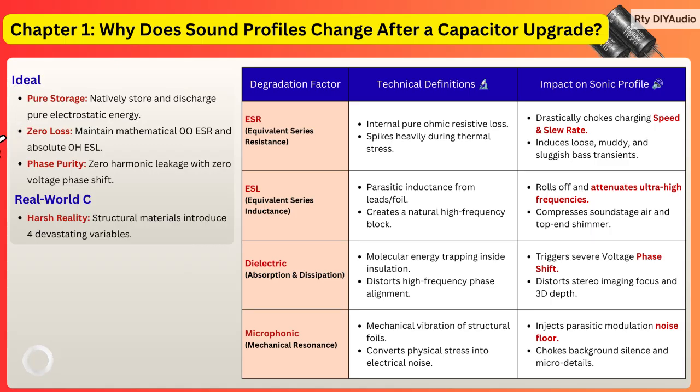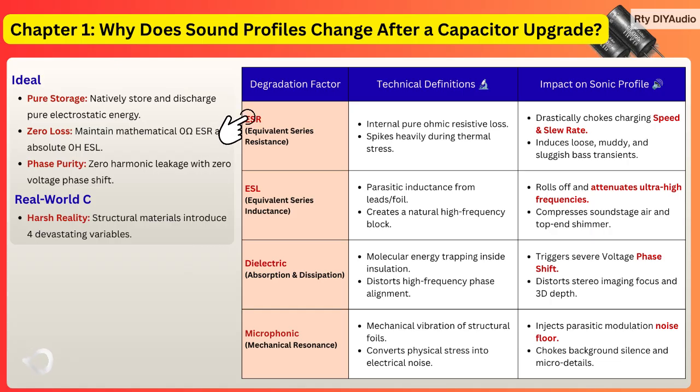It demands zero loss, maintaining a flawless 0-ohm ESR and an absolute 0 Henry ESL, alongside absolute phase purity to eliminate harmonic leakage with 0 voltage phase shift. But out in the real world, we confront a harsh reality. Physical structures and raw materials inevitably introduce 4 devastating variables that systematically degrade your amplifier's performance.